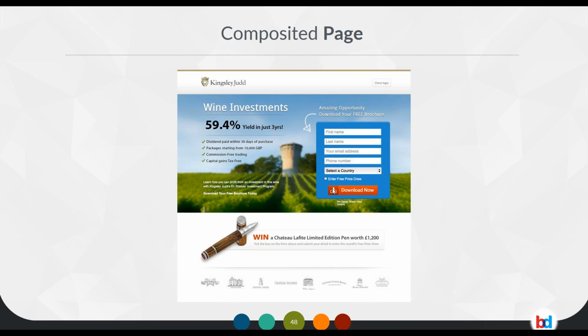It's a different color. The click now button is a different color from all of the colors on the page, but it's complementary. There's a great use of white space. It's not cluttered. I can figure it out in 3 or 4 seconds. Invest in wine. I made 60% in 3 years. Click now. You can get that in 3 seconds. It's a good landing page.